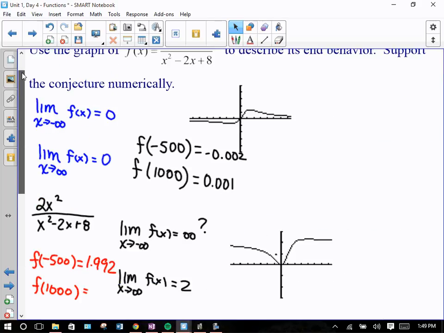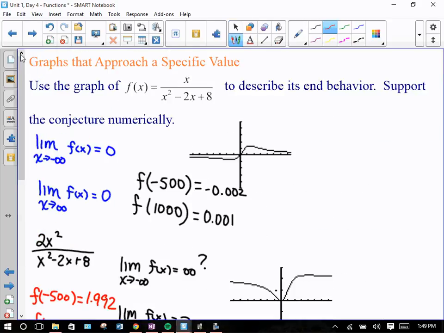So, here's our numerator up here in red, and our denominator down here in green. What is the highest degree in our numerator?